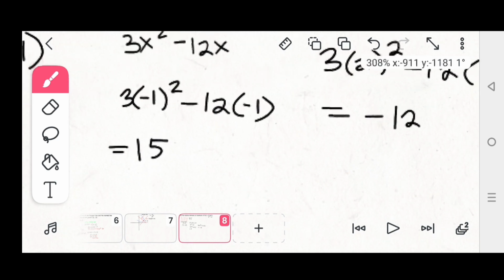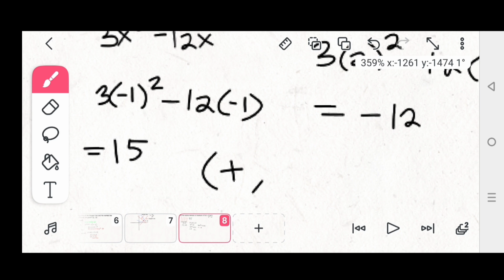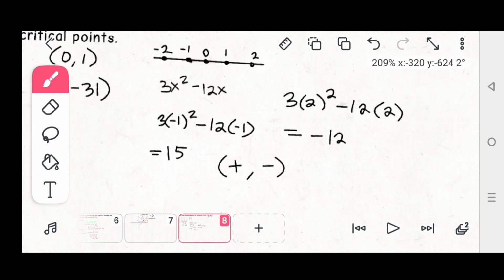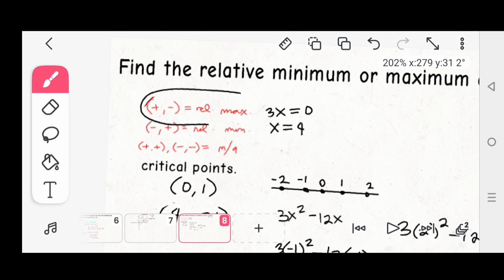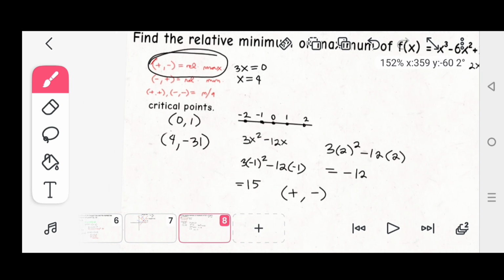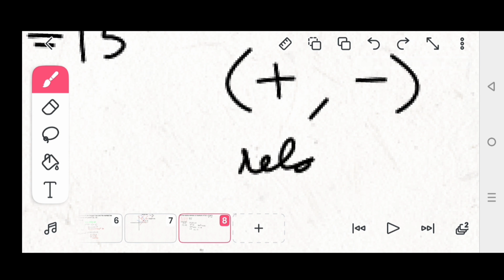As you can see, the first one is positive and the second one is negative. So this means this is a relative maximum.